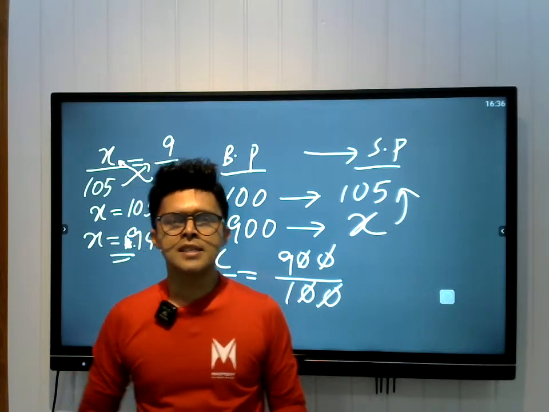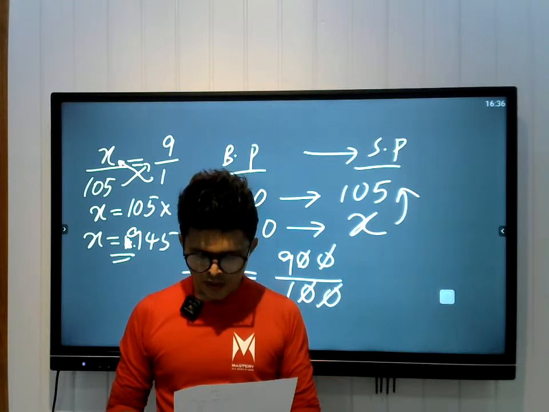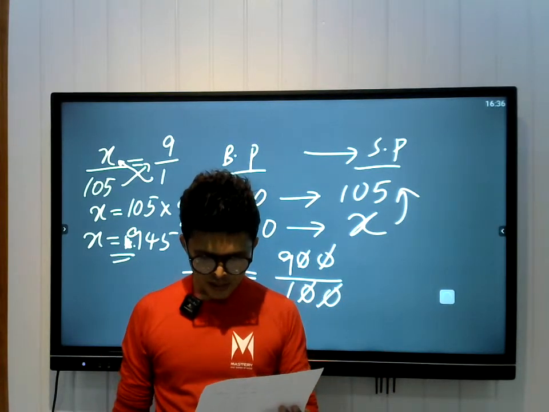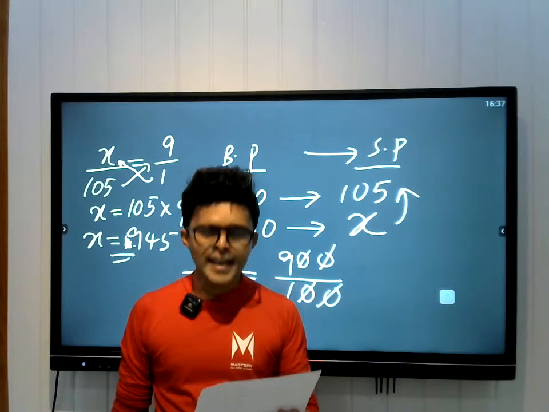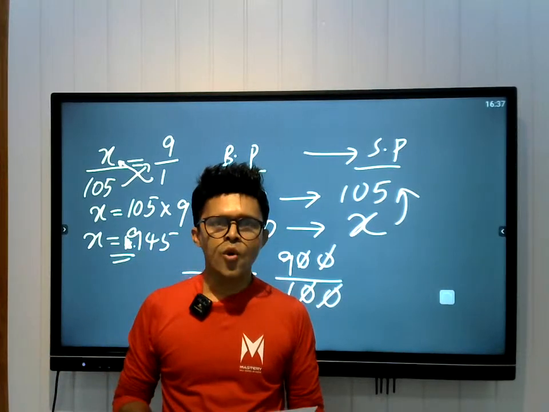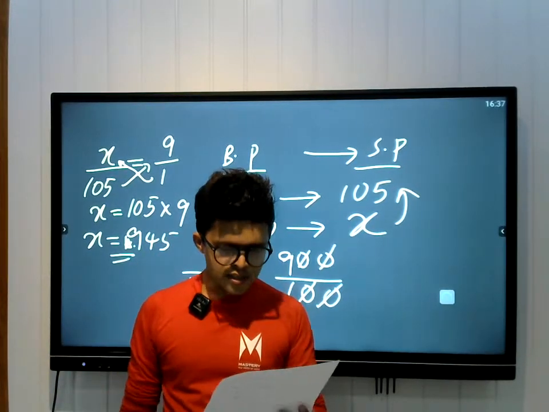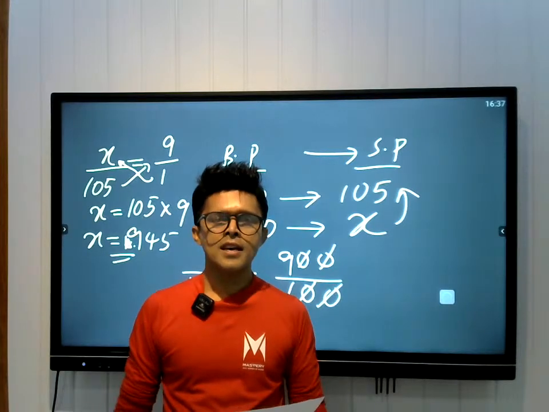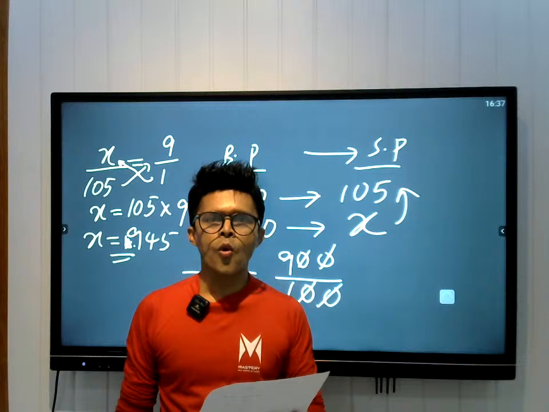According to the question, it says that the buying price of a certain article is 1,500 rupees, and what happens here? Then when that article is sold, it gives a discount of 10%. Okay, it gives us a discount of 10% when that article is sold.